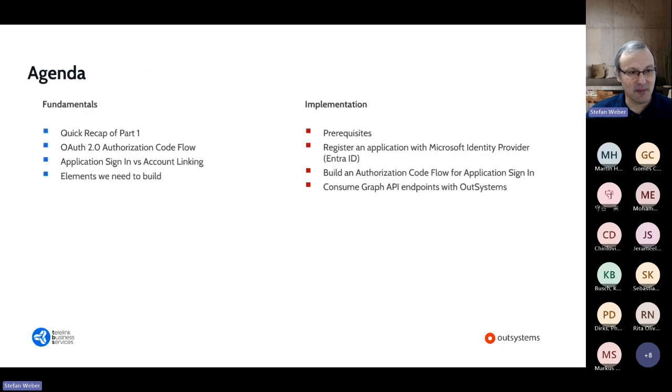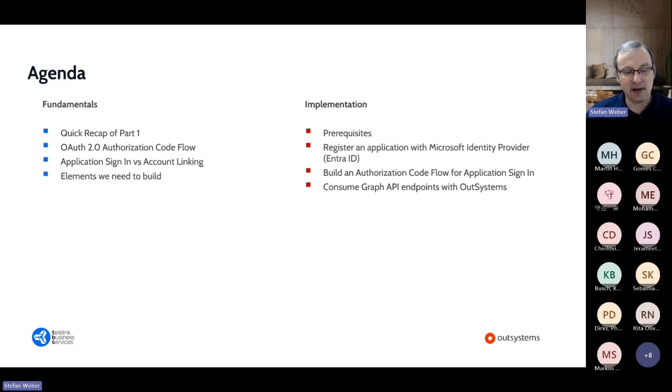Let's start with some theory first. We start off with a quick recap of part one. It is not necessary that you have watched the recording from part one, because I will explain the necessary parts in this webinar again. Then we talk about OAuth 2.0 or Authorization Code Flow.